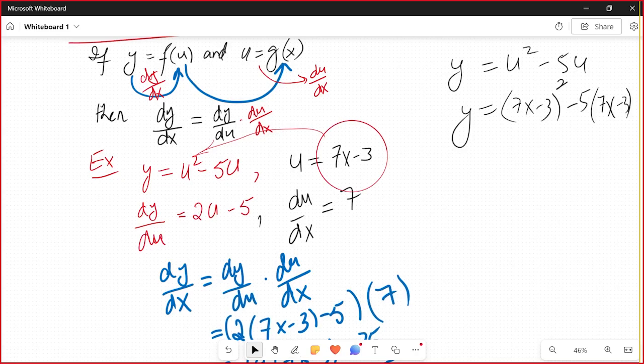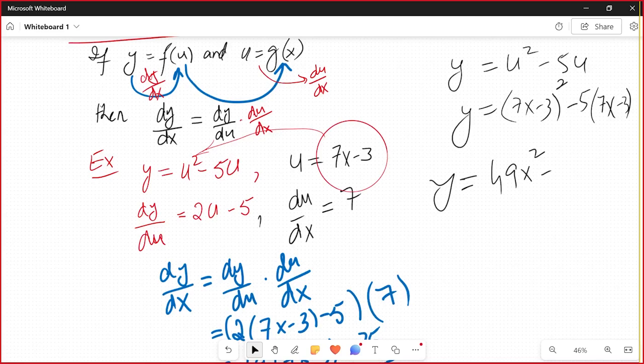Can you help me with the square of 7x minus 3? 49x squared, minus 2 times 7 is 14, 14 times 3.